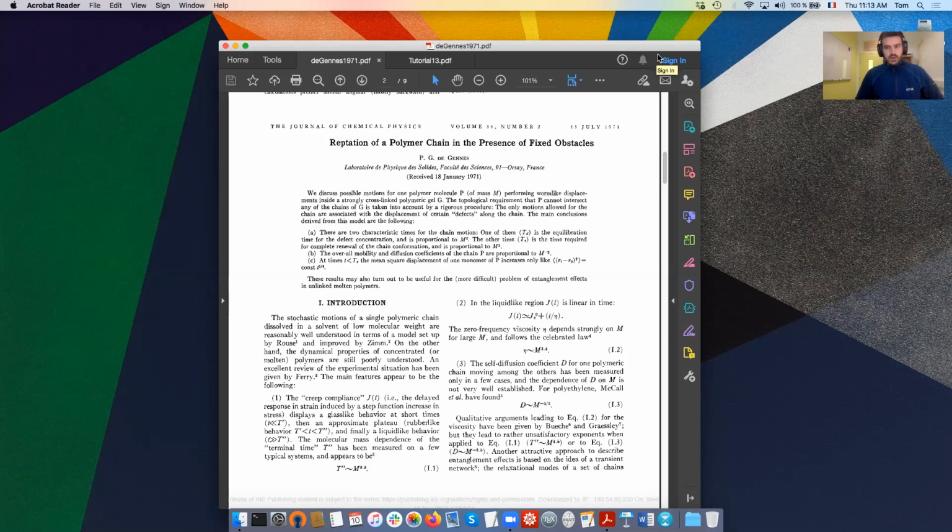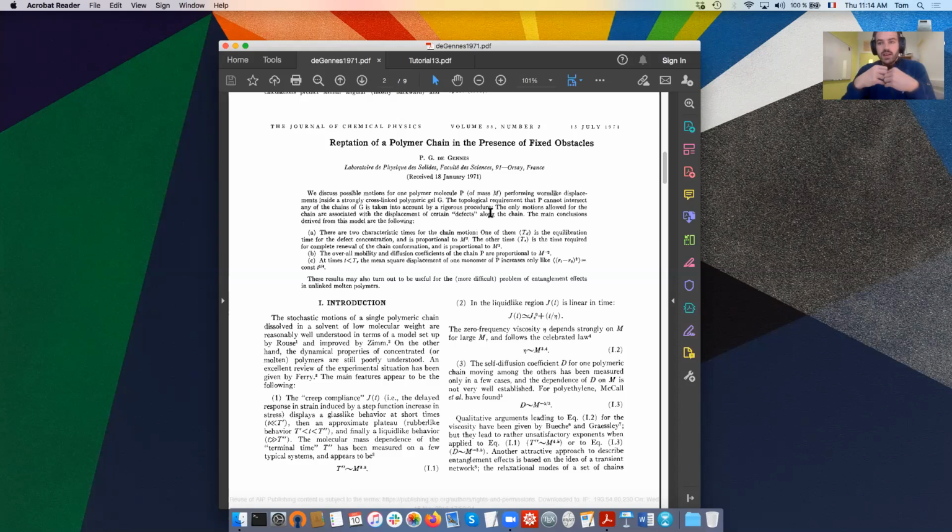Now we are dealing with the last tutorial, which is about the famous dynamics of polymers. In particular, there is the reptation scaling that was part of the reason why de Gennes got a Nobel Prize. So here is the article about the reptation.